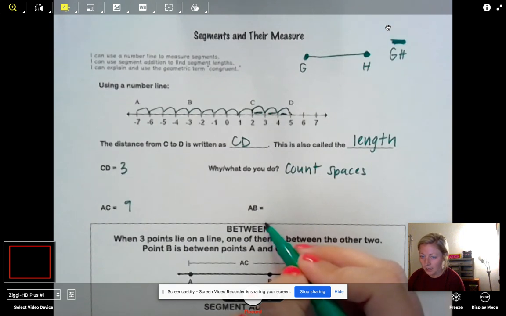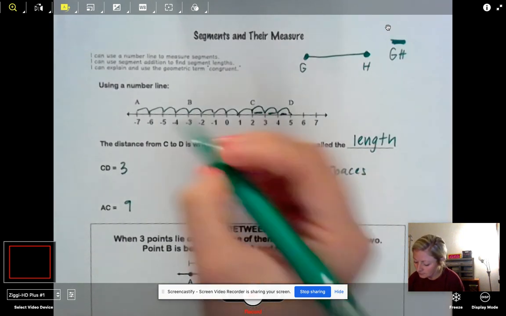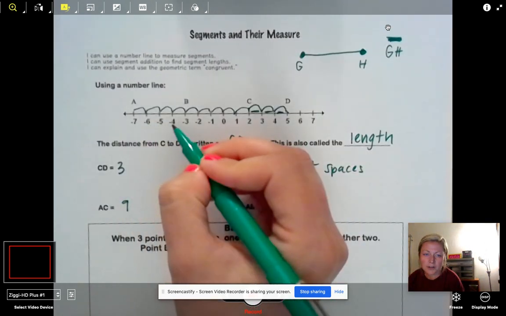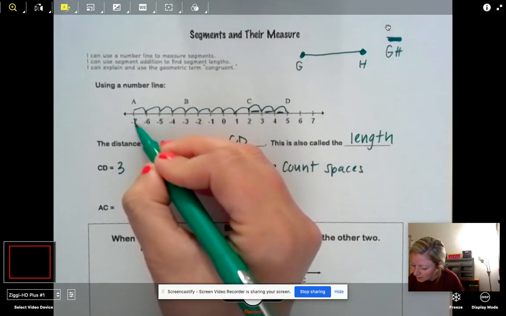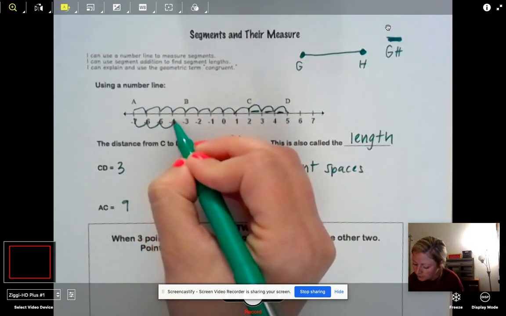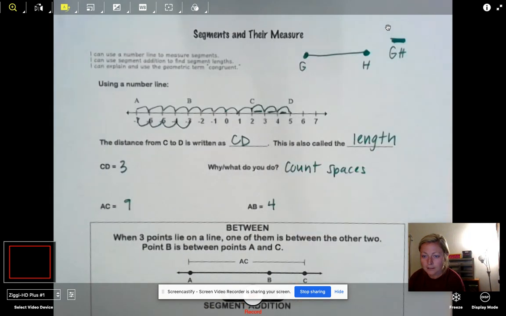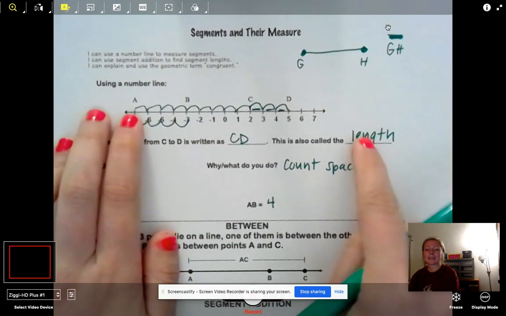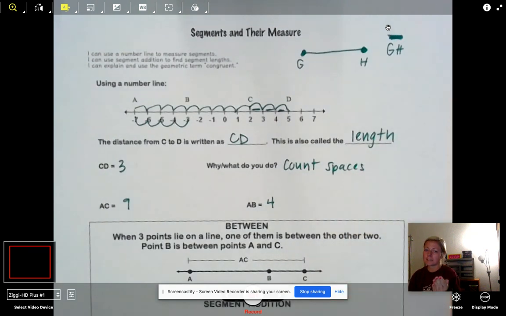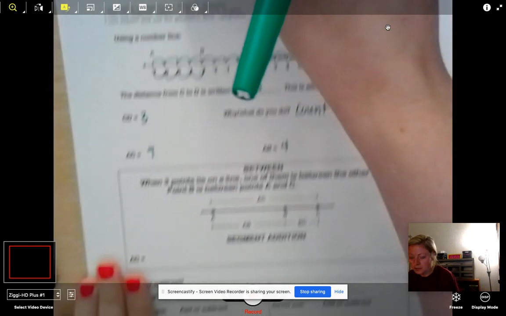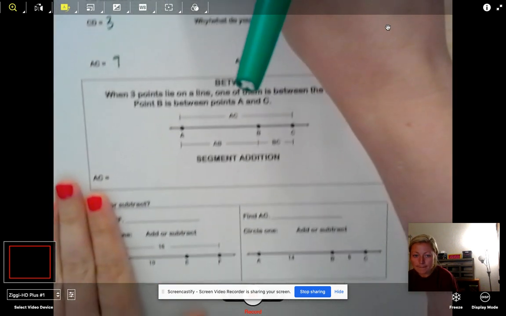And then now we can count for AB. I'm going to go underneath so I don't confuse it with the top ones. Ready? 1, 2, 3. I got 4. What did you guys get? 4? I hope. Okay. Good deal. So when we have a number line like this, it's very simple, very easy to find out how long a segment actually is.